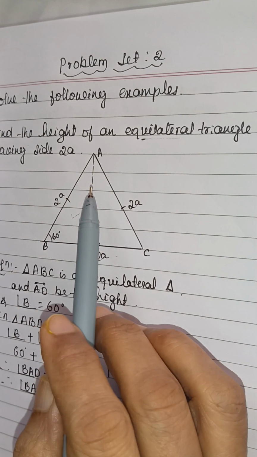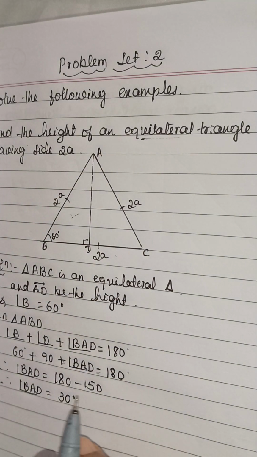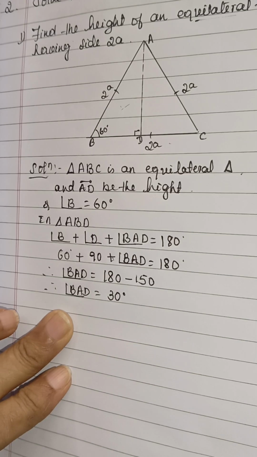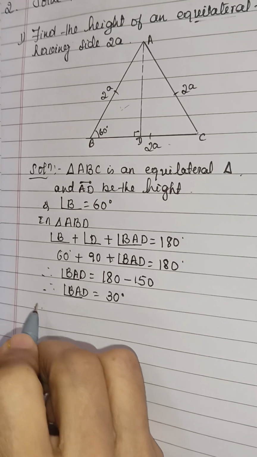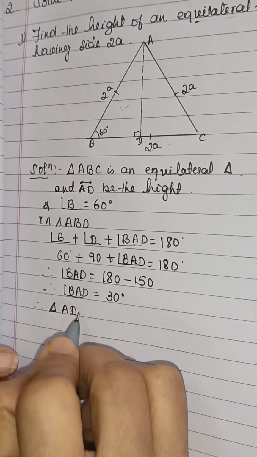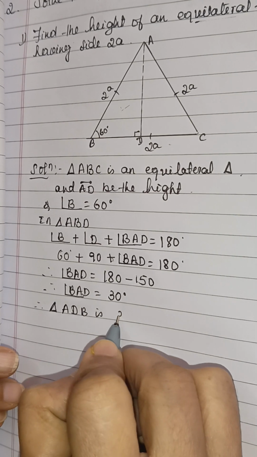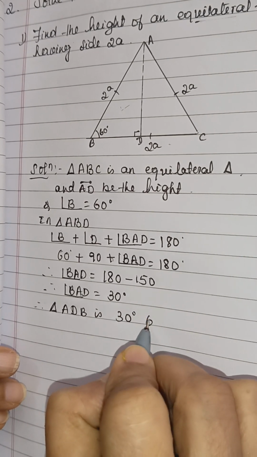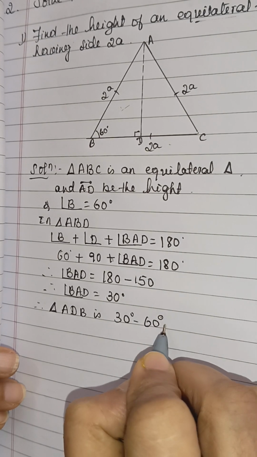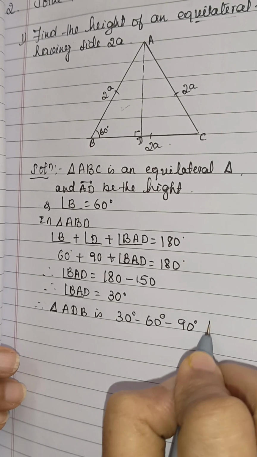This is what the property says. Therefore triangle ADB is a 30-60-90 degree triangle.